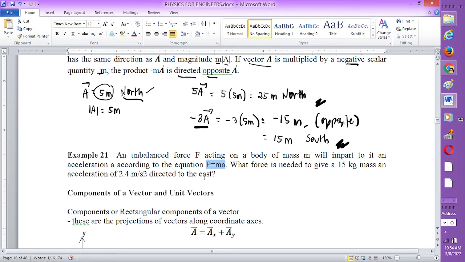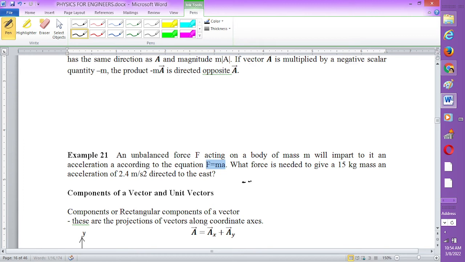If we analyze, class, the formula of force, which is mass times acceleration, let us analyze. What is force? Is it a vector or a scalar? It is a vector. Right? How about the mass? Is it a vector or scalar? It is scalar. Why? Because the mass, class, has no direction. It only has magnitude, so it is scalar.